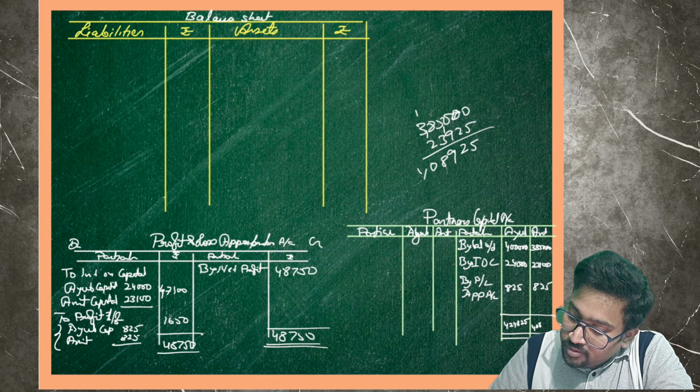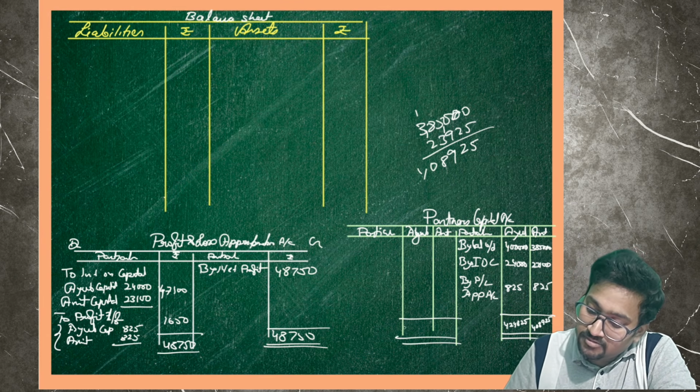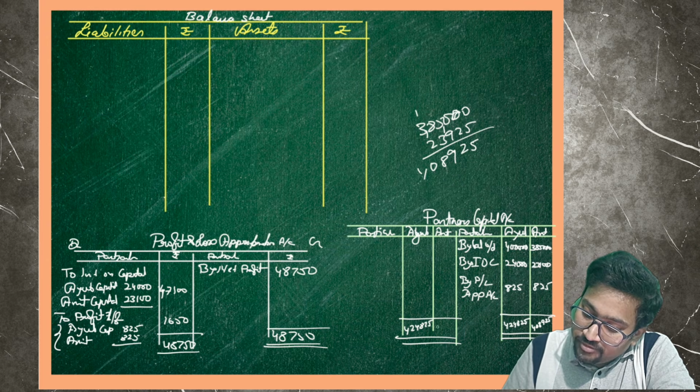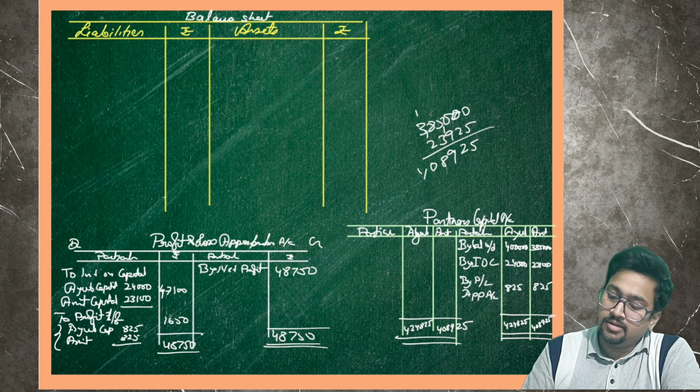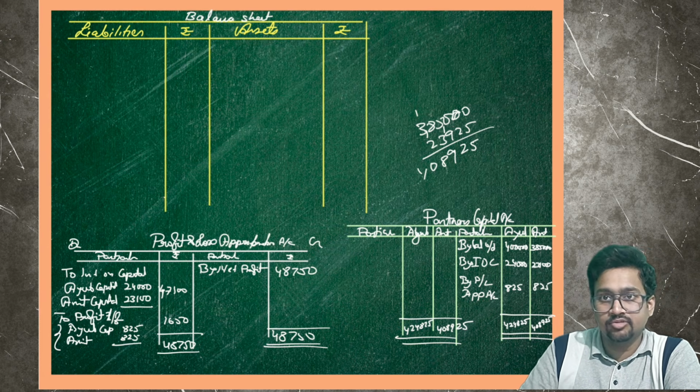So here it will be 4,08,925. Now the same balance we will write here as well, 4,24,825 and 4,08,925. Now this side, I mean the credit side, all that we have written gets added to the capital.